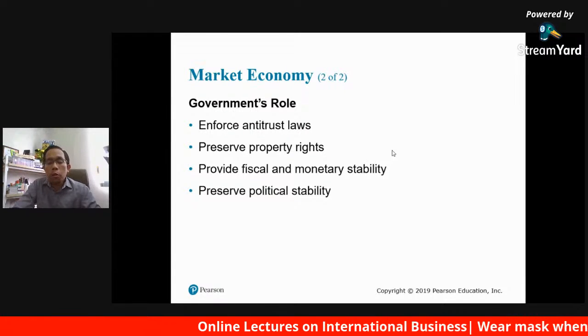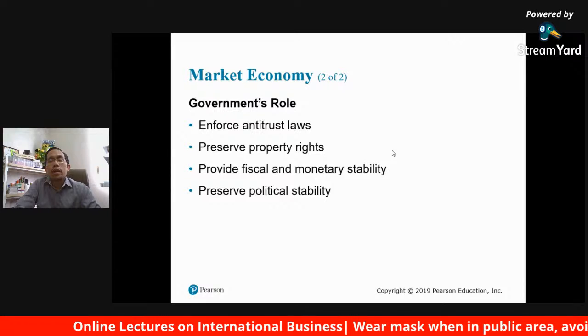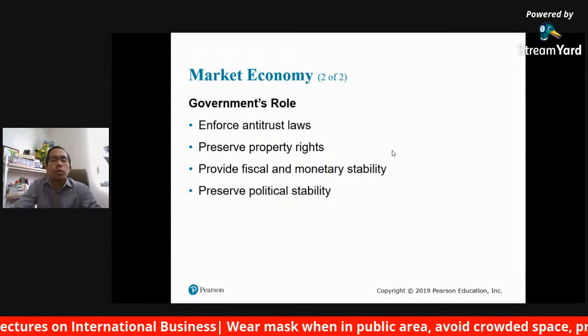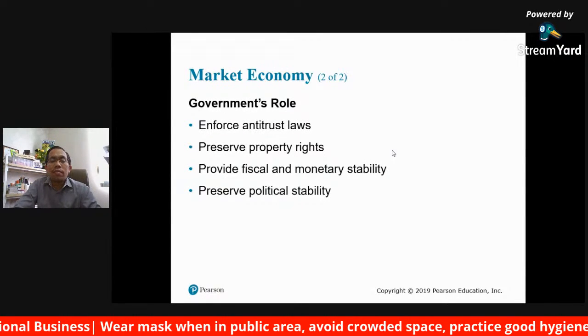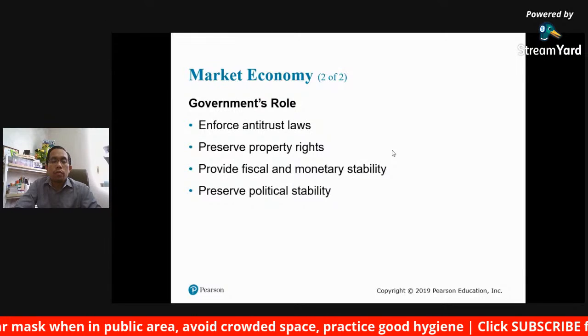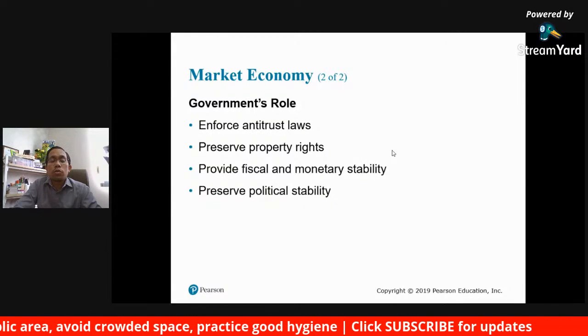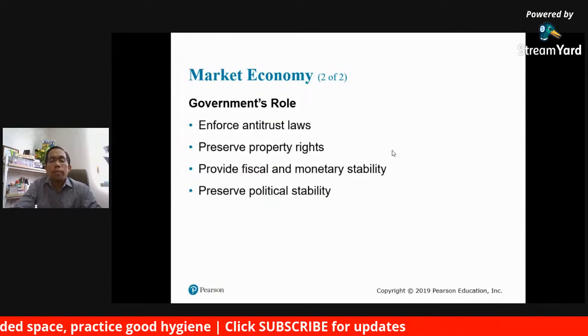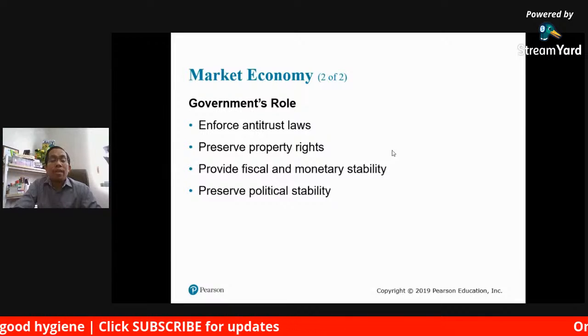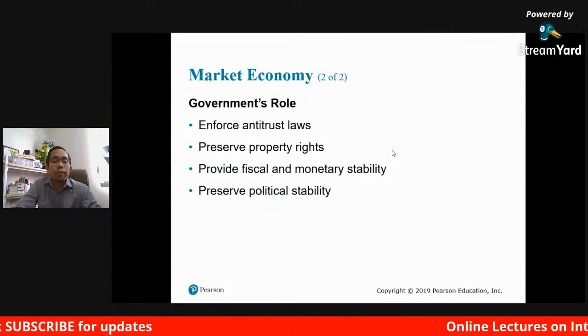To control this situation, what do governments do? Enforce antitrust laws, which control pricing and price competition.